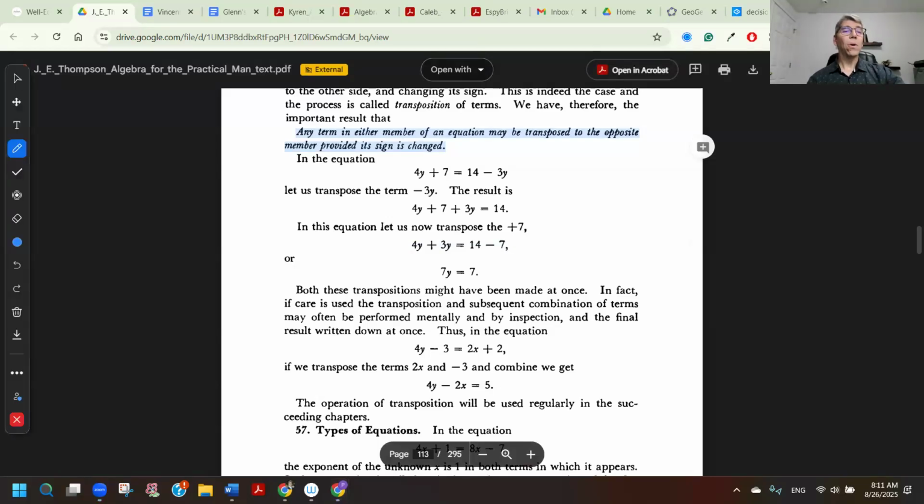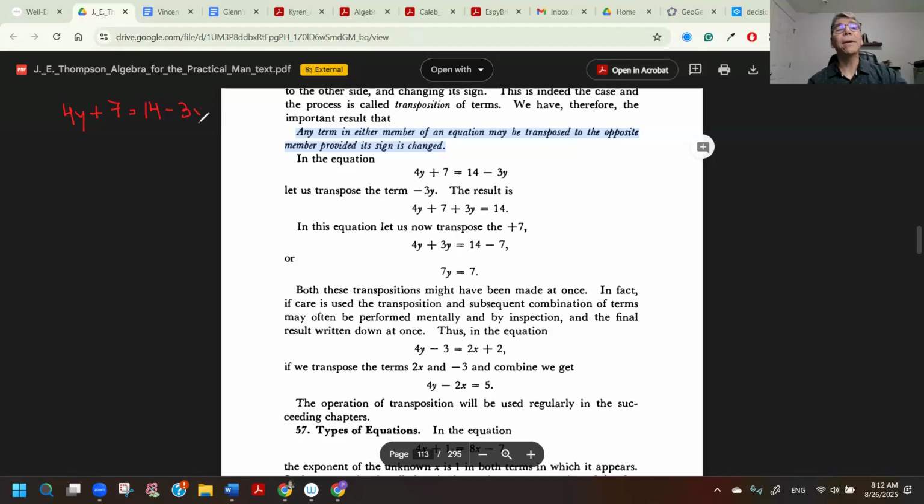First of all, we need to use the words very, very carefully here. So here we have, for example, 4y plus 7 equals 14 minus 3y.